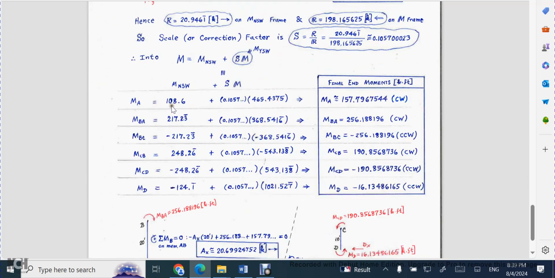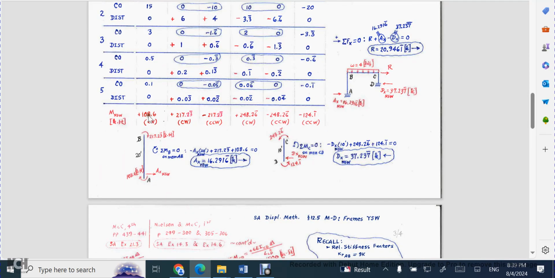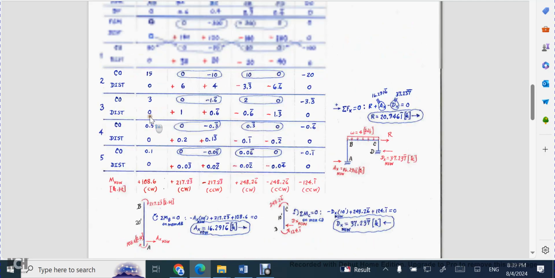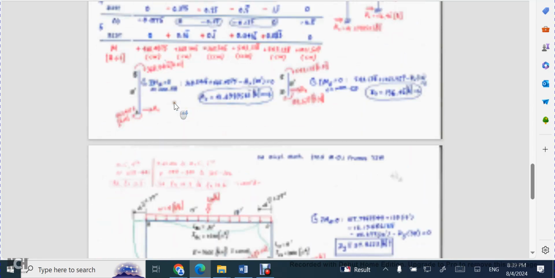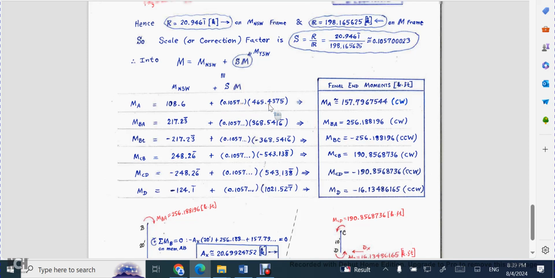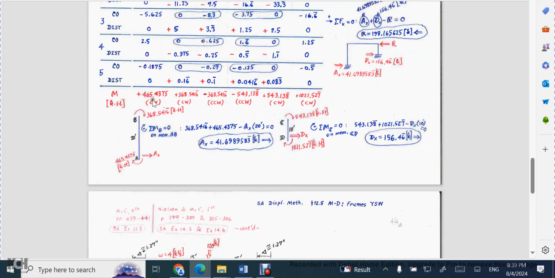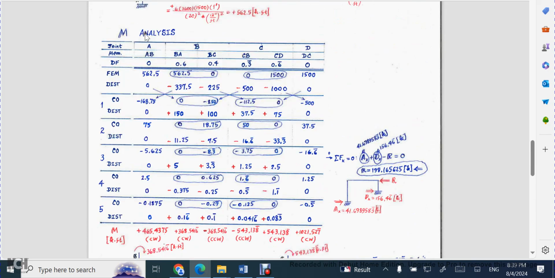At joint A, we had a 108.6, which came from this value right here, the 108.6, that's the M NSW analysis table, plus that S factor that we just computed, 0.1057, etc., multiplied by this value that came from the double M bar analysis.